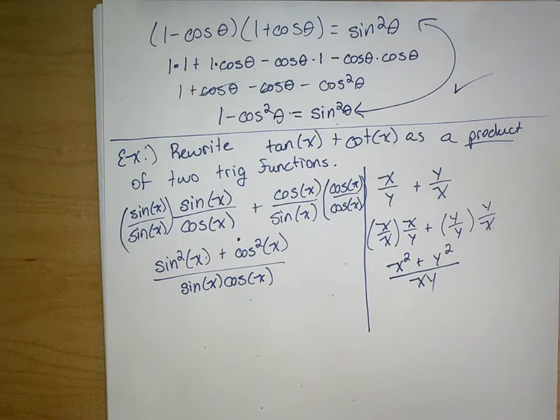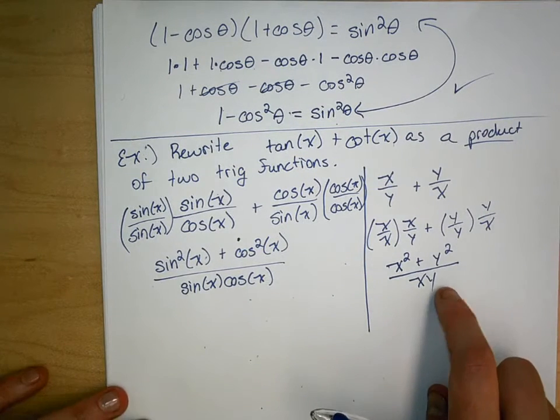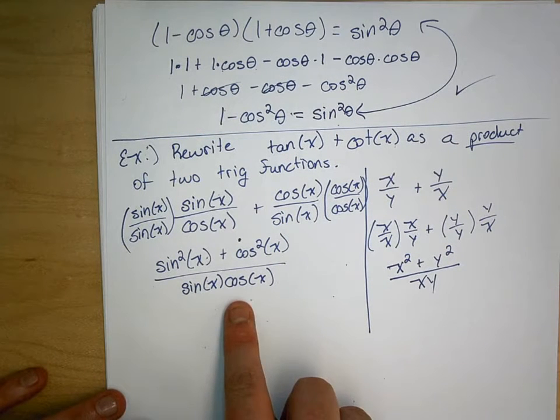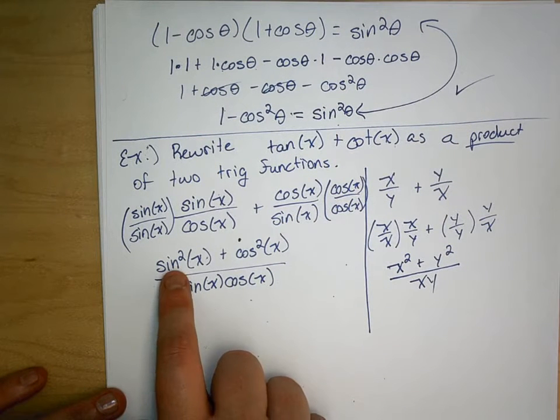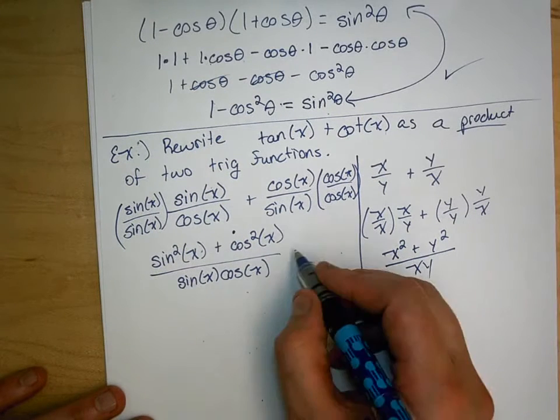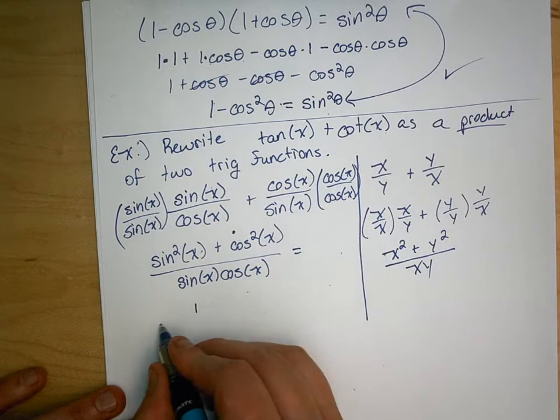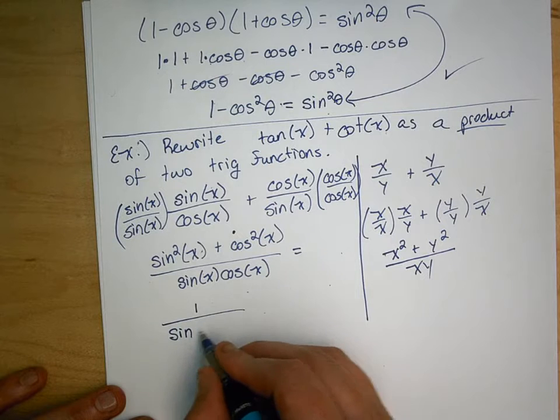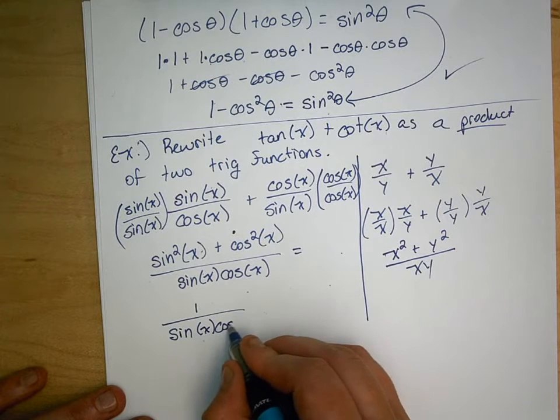Okay, so even though I can stop here in regular algebra, over here I have a really sweet identity that tells me that sine squared plus cosine squared gives me 1. So this is going to equal 1 over sine x cosine x.